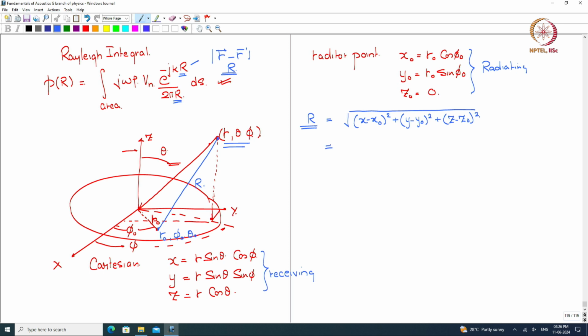So if we compute that, we get square root of r sin theta cos phi minus r0 cos phi 0 whole squared plus r sin theta sin phi minus r0 sin phi 0 whole squared, and the root extends, plus r square cos square theta.